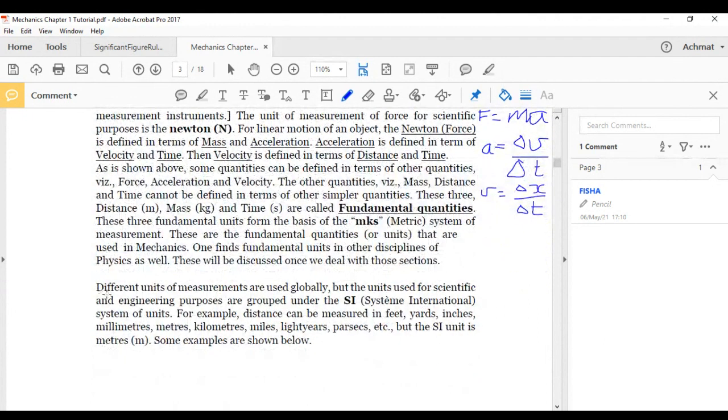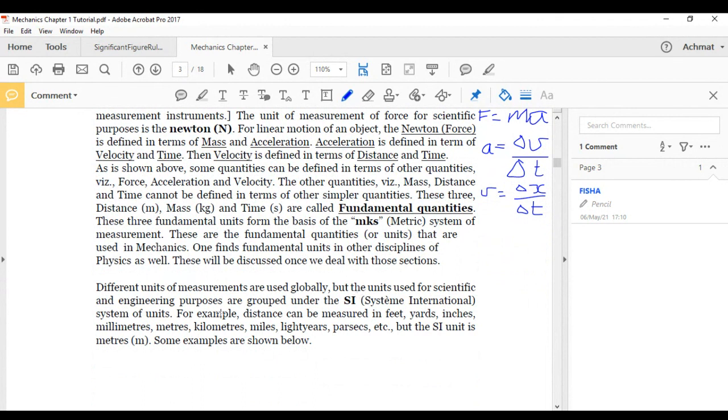Okay, let's continue. They say that, globally, that means in different parts of the world, different countries, people actually end up using different units for measuring. After all, for themselves, they did their own observations and so they got their own units.